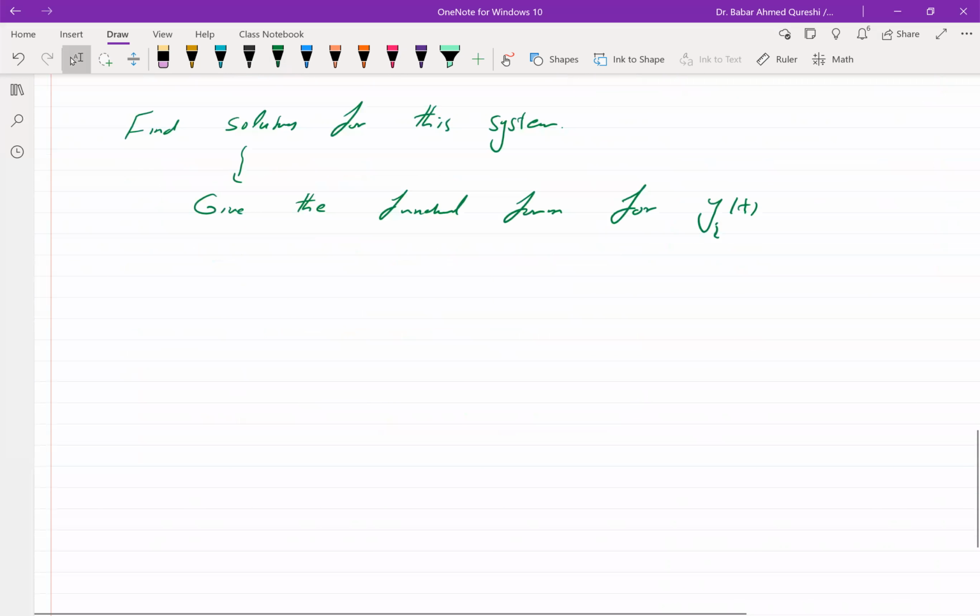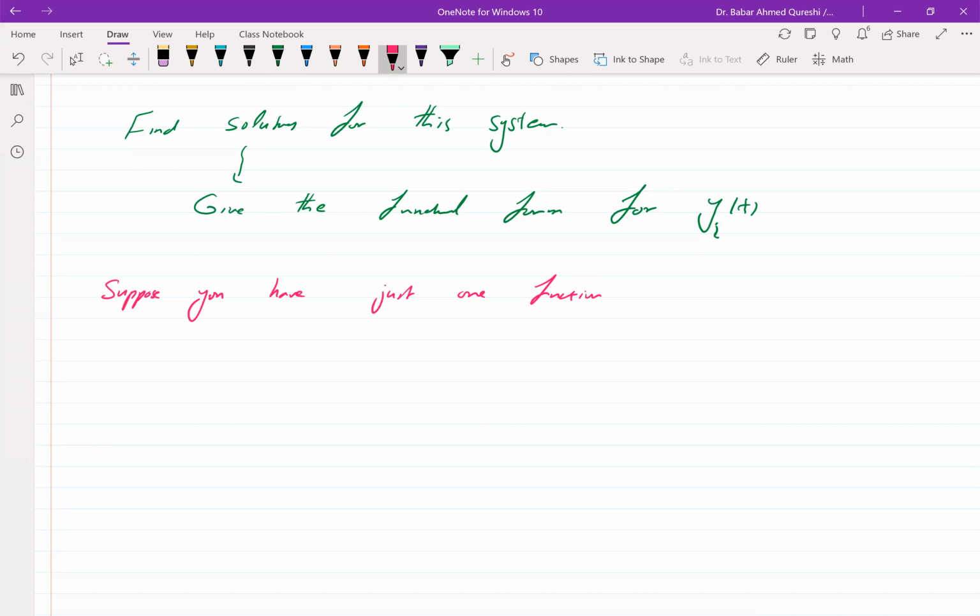So how do we do it? Well, we can start with the simplest one of them. So suppose you have just one function. Simplest case, that means you have dy by dt is equal to a y of t. How do I find it? I can just guess in this case.